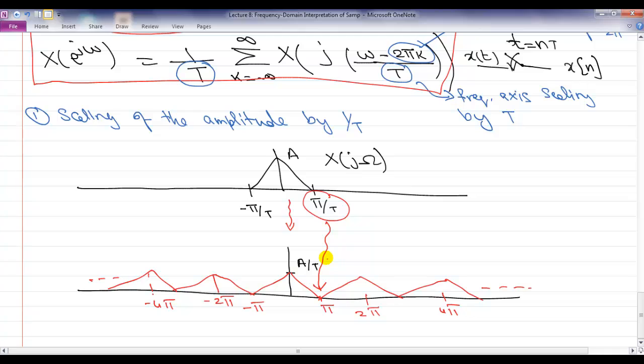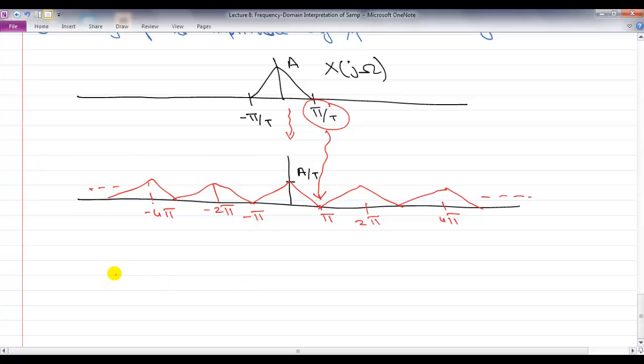If you have any frequency which is higher than pi by T, that would have aliased, and that would appear in the range of minus pi to pi. But the general principle remains, if this had gone beyond pi by T, you will have scaled this beyond pi and then added all of them together. And then you will get something which doesn't really look like the original signal. It will have this aliasing happening.